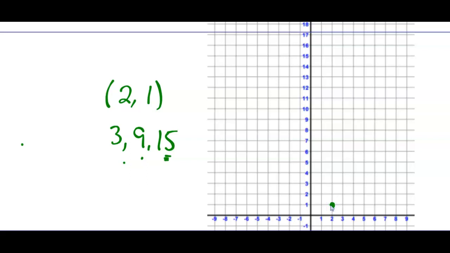Now, instead of going over 1, up 1, I'm going to go over 1, up 3. Over 1, up 3. 1, 2, 3. Now I'm going to go over 1, and I'm going to go up 9. 1, 2, 3, 4, 5, 6, 7, 8, 9.